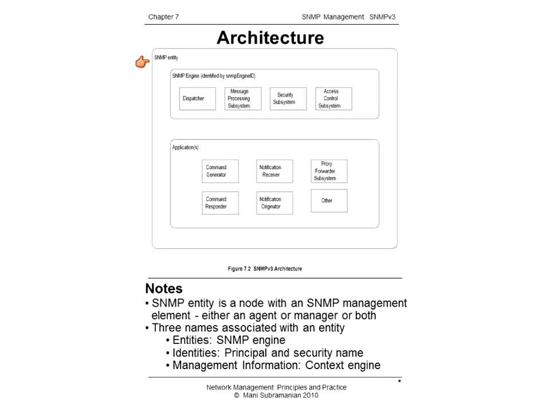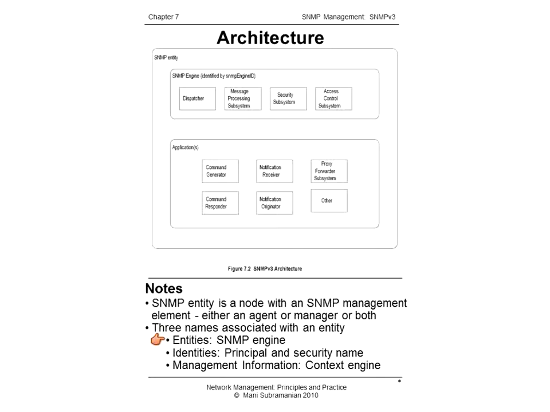First is the naming of entities. Secondly, naming of identities. And thirdly, naming of management information. Here you can see SNMP entity is basically a node with an SNMP management element, and that can be an agent or manager or both.